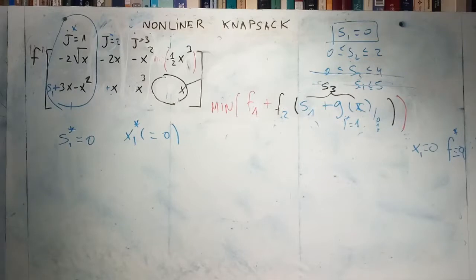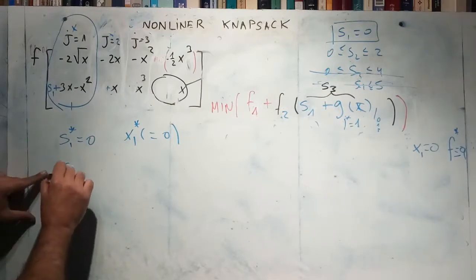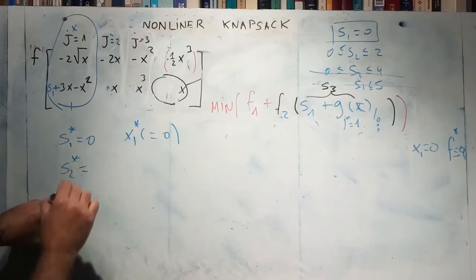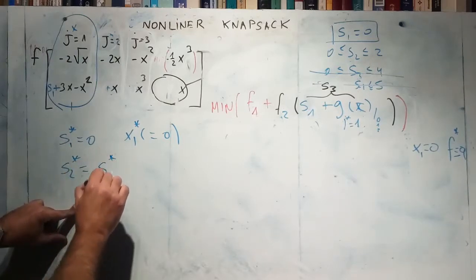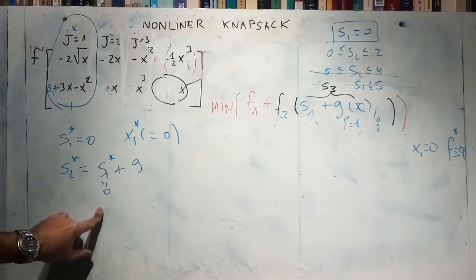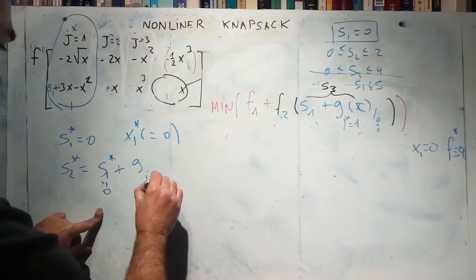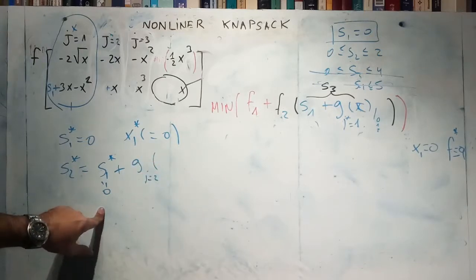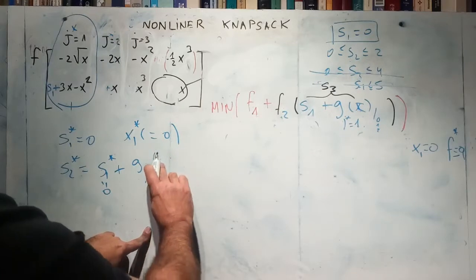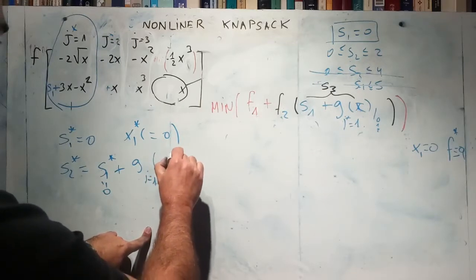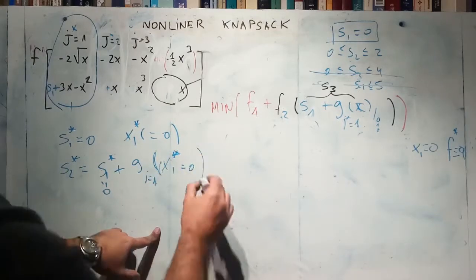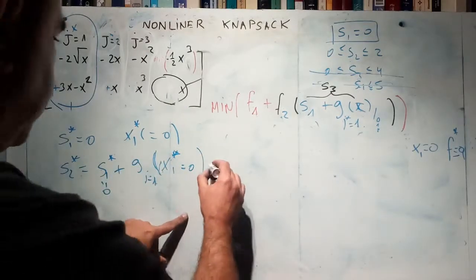So the first stage is easy to solve. The second, we have to use this recursive formula. S2 star will be S1 star that has a value of 0, plus the objective function in the first stage, sorry, evaluated at x1 star being 0. So we have to backtrack the results.